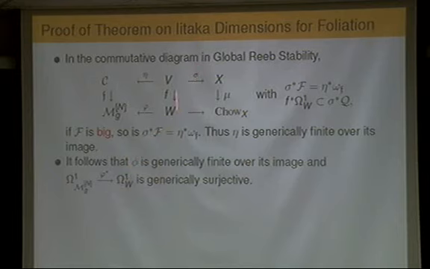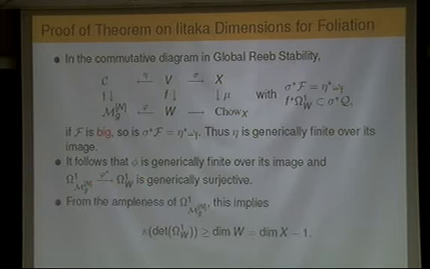Then, since these two are smooth morphisms, if this is generically finite over its image, then this also is generically finite over its image. So the pullback of the sheaf of differentials on the moduli space to the sheaf of differentials on W is generically surjective.